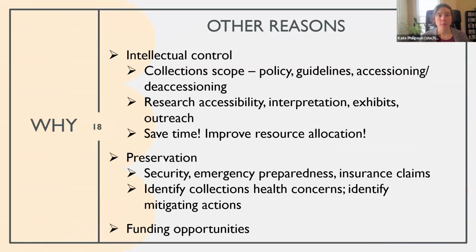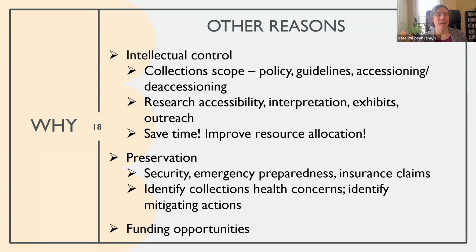Here are some other reasons, in addition to public accountability, for wanting to do an inventory. Intellectual control is a really key one. Why are you saving this stuff if you don't know what it is, right?